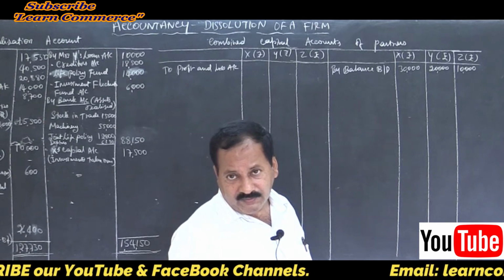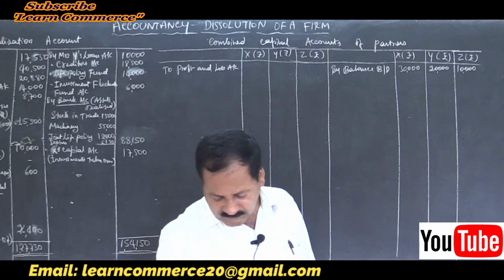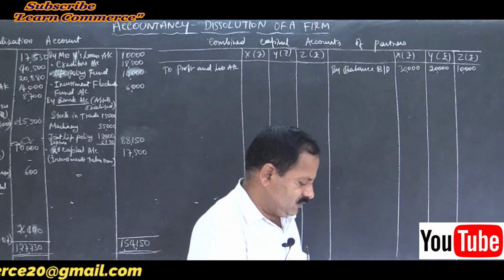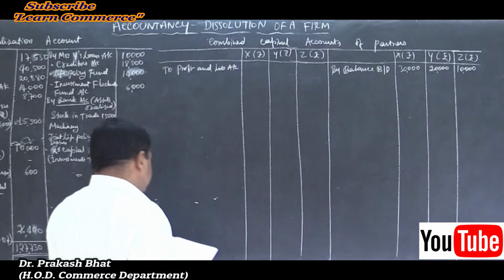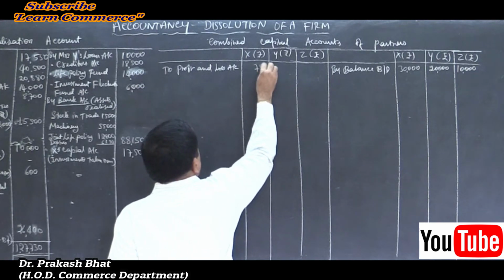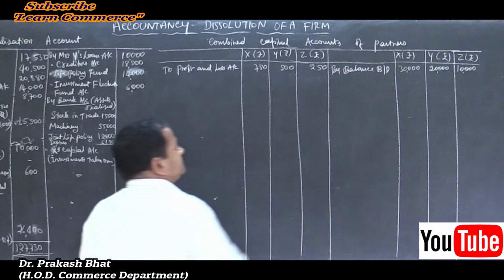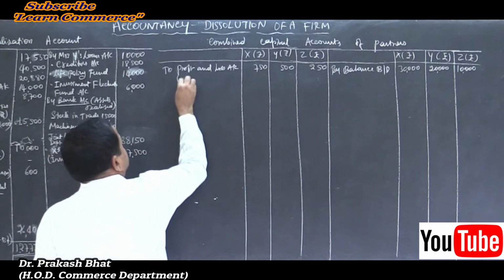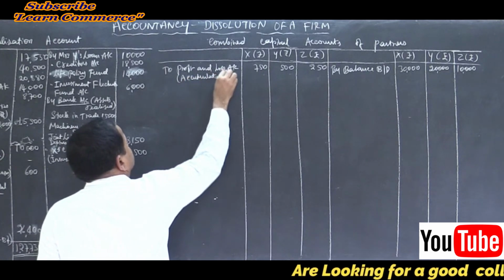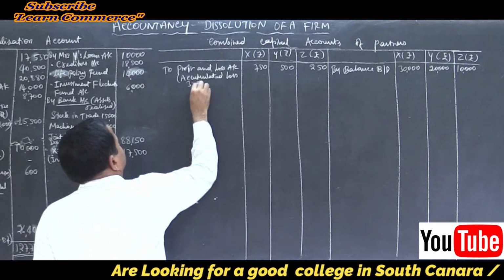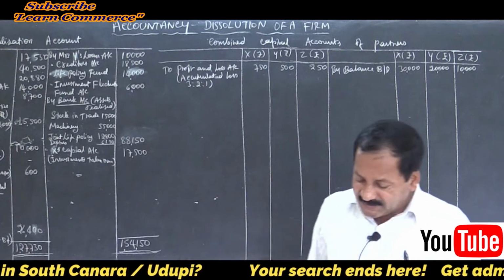So how will you distribute? 750, 500 and 250, right? Yes, it is. Accumulated loss, 3:2:1. What else? Nothing is there in the balance sheet.